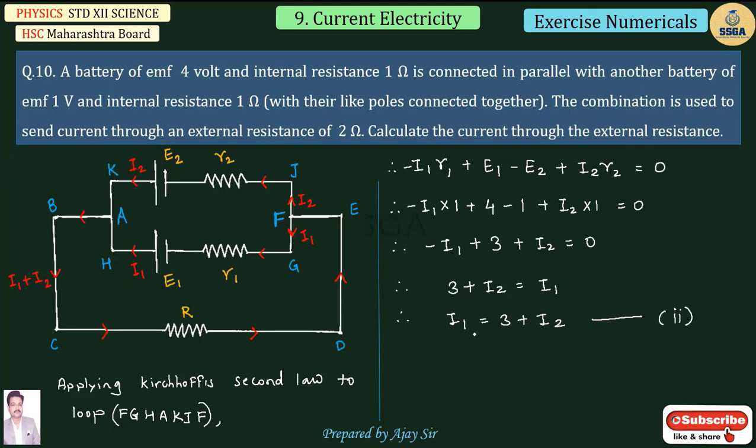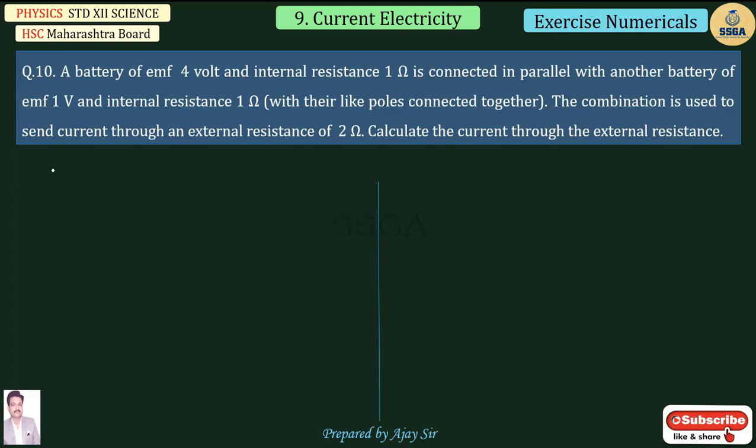Now we got equation 1, that is 3 I1 plus twice I2 is equal to 4. So let us substitute equation 2 in equation 1.